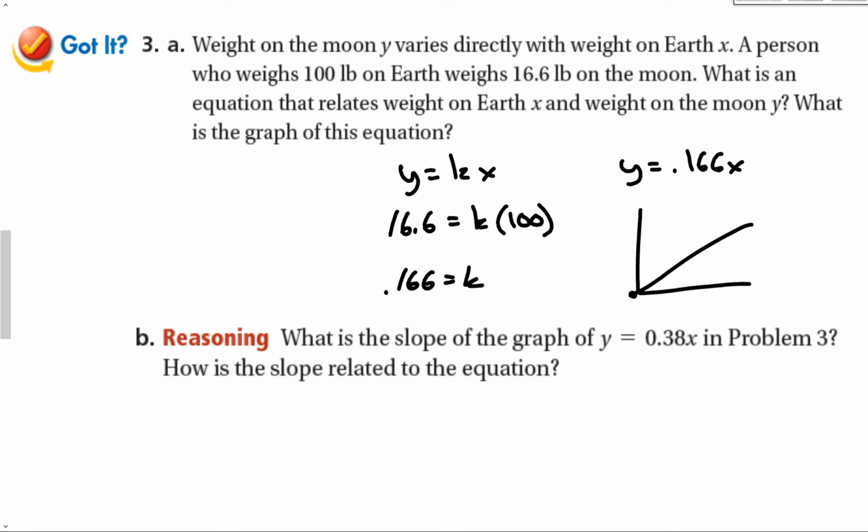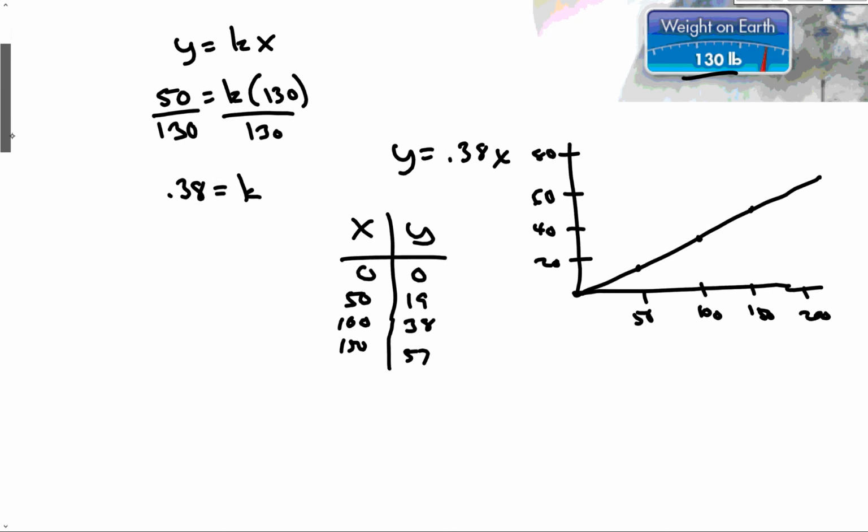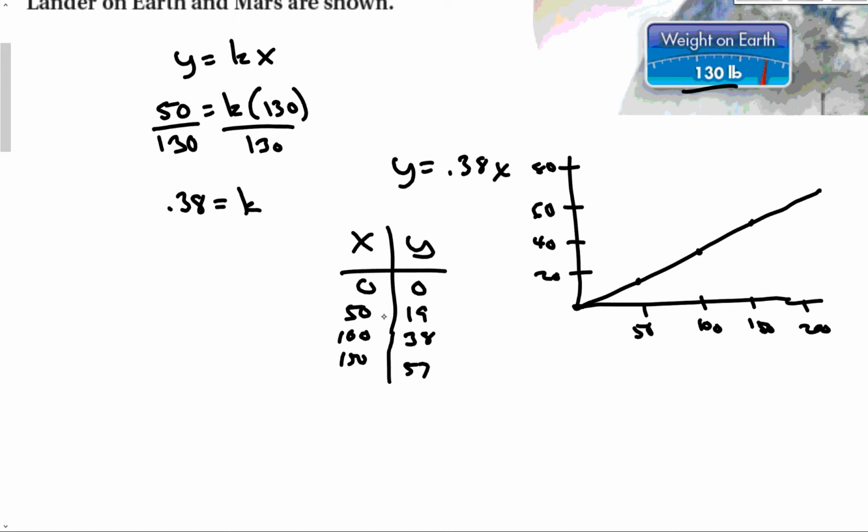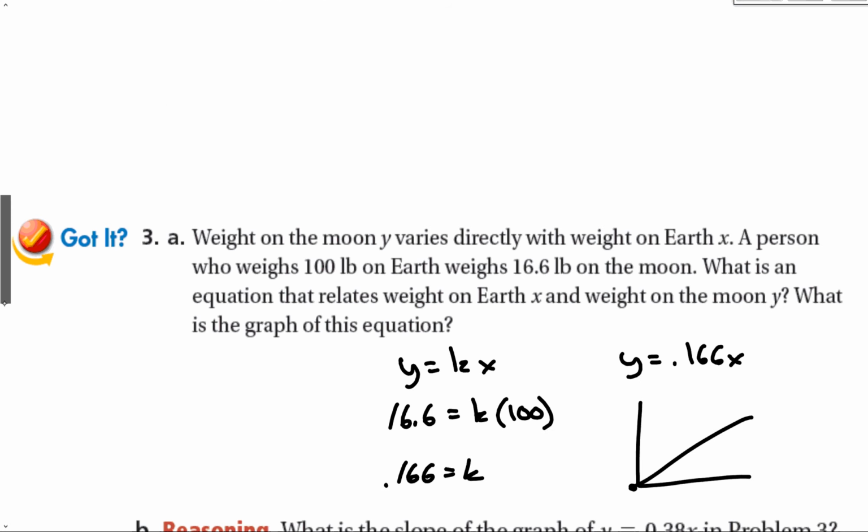For the previous problem up here, my part B says, what is the slope of the graph? So if I wanted to calculate this, I have a bunch of coordinates, and if I calculate y2 minus y1 over x2 minus x1, we are going to get 19 divided by 50, which is 0.38, which is the same as my number right in front of my x, my constant of variation.